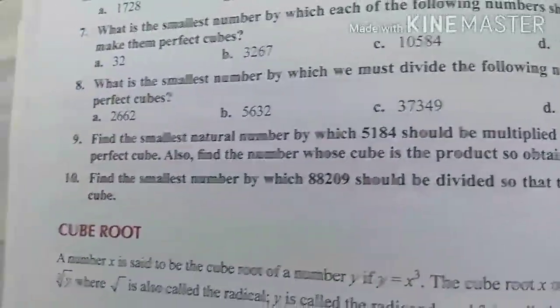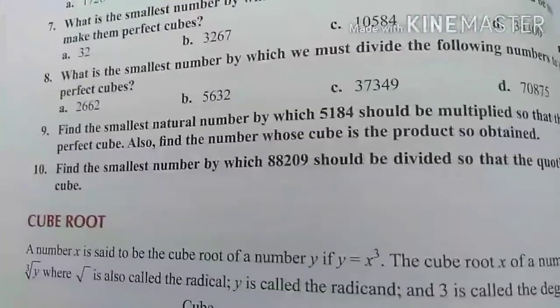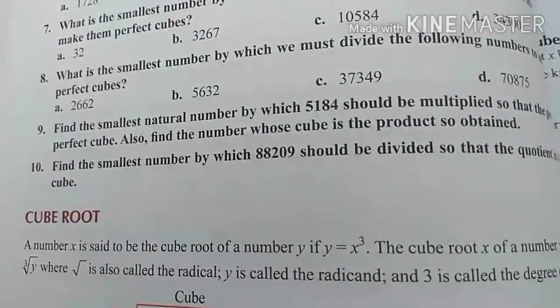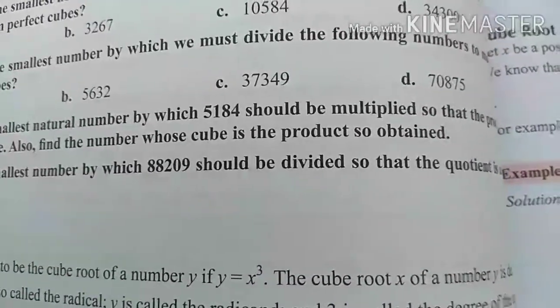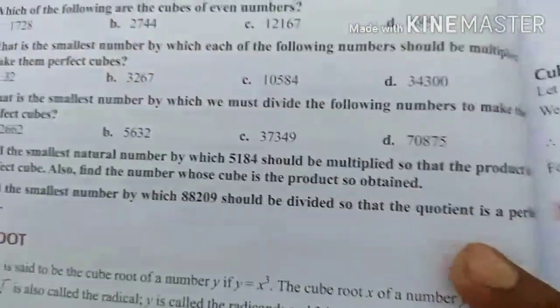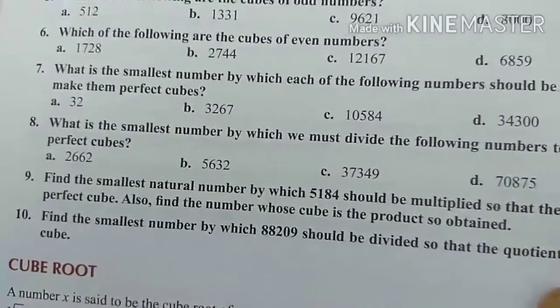The next question is the same. Find the smallest number by which 5184 should be multiplied so that the product is a perfect cube.